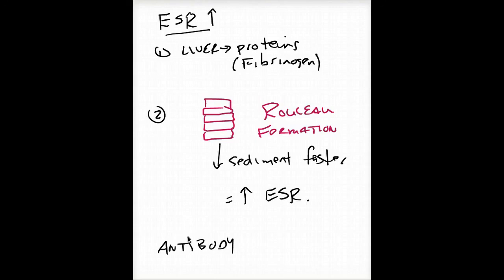So the reasons why we see an increased ESR are usually due to inflammatory processes. They can also be due to autoimmune processes, right? So conditions such as rheumatoid arthritis, multiple myeloma, infections, these are all things that either create antibodies or they create inflammatory mediators that lead to an inflammatory reaction. And all of this is going to give you the increased ESR for the same reason.